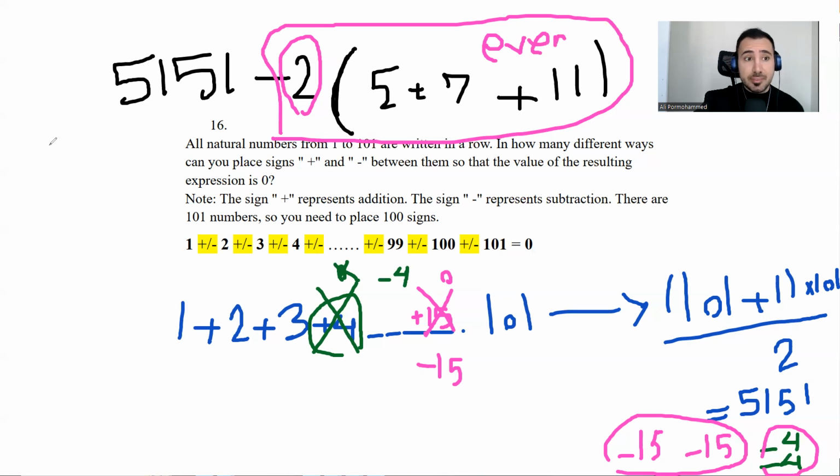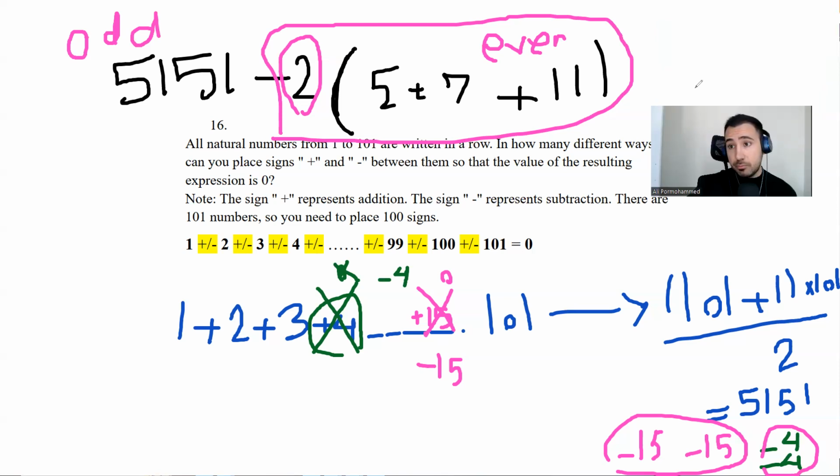But 5151 is an odd number. So how can you minus an odd number by an even number and get 0? Impossible, right? So that's a proof why there is no possibility to add or minus these and get the number 0.